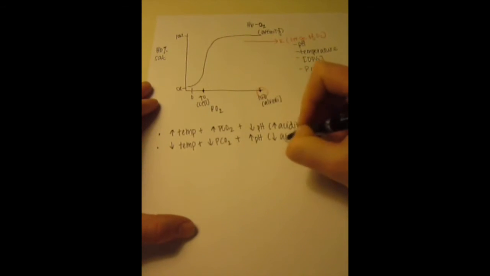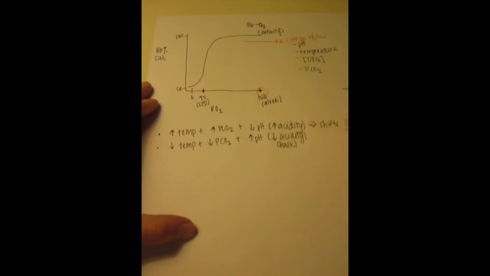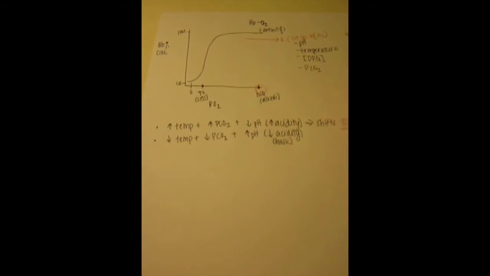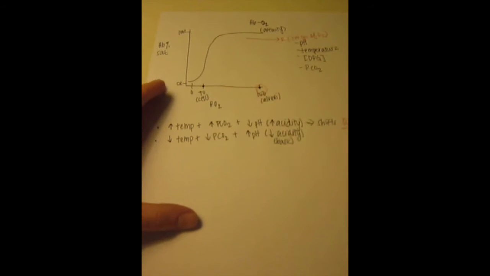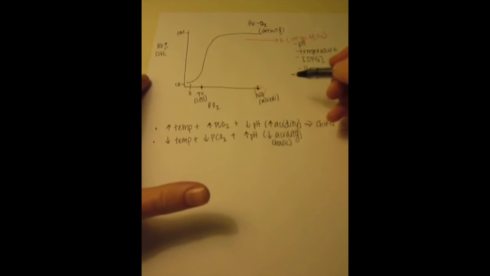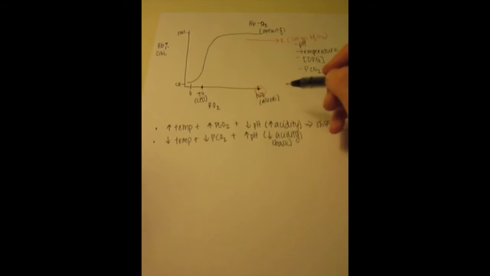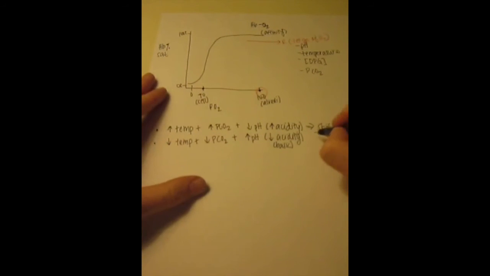When you say decreased acidity, that means you're getting more basic, and when you're increasing acidity, that means you're getting more acidic. It depends on how you want to memorize it, whether based off of the pH number. If the number is getting bigger, you're getting more basic, but if the number is decreasing, you're getting more acidic. It's just personal preference.